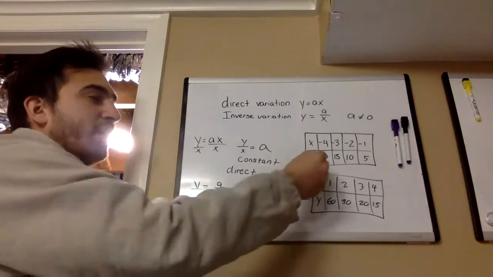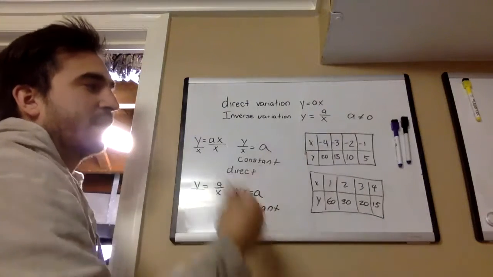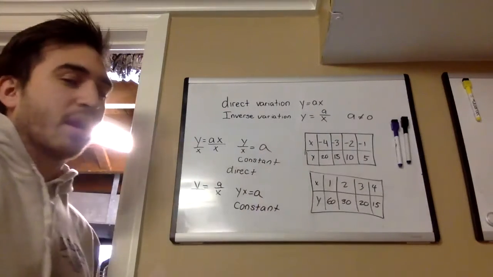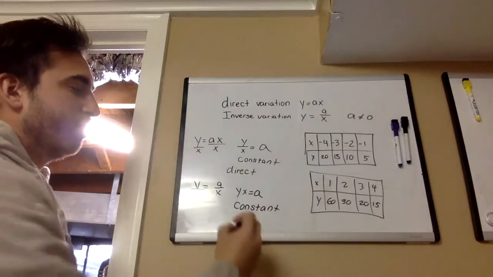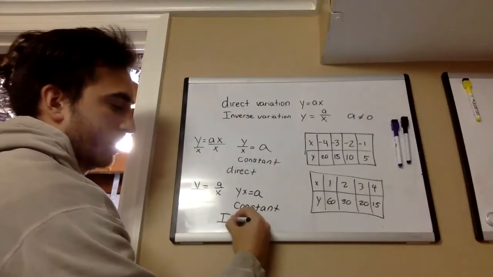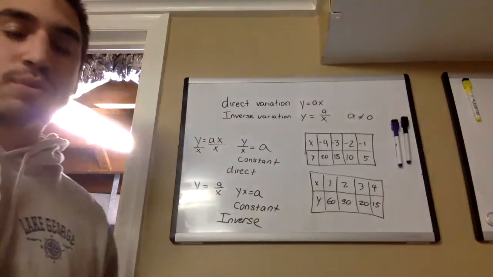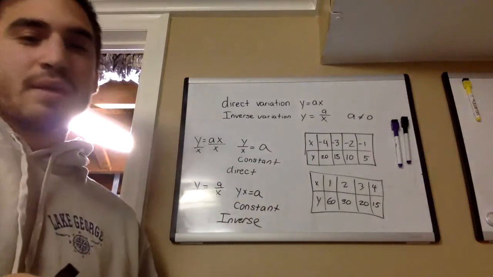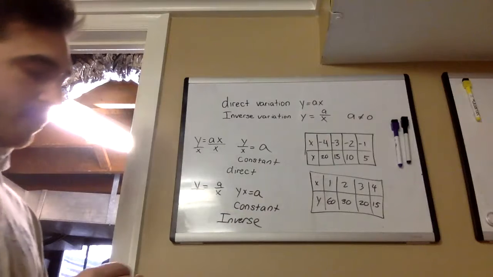For example, if I did 20 times negative 4, I get a number. 15 times negative 3, get a number. 10 times negative 2, get a number. If all those numbers are the same, then it is going to be inverse. And if neither of those work, then it's going to be neither. Simple as that. So we're going to do these 2 problems off to the side.